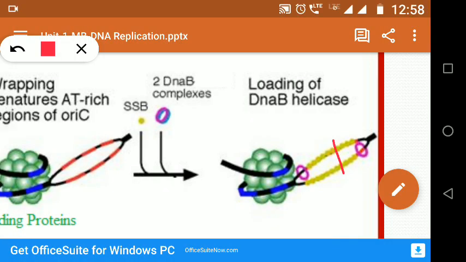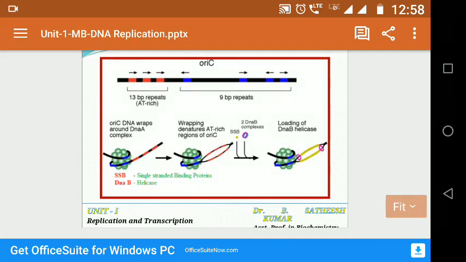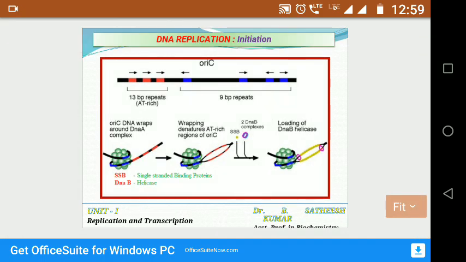These two strands once again will interact with each other, and they will wind around each other and form a double stranded structure. So to prevent that, we need single stranded binding proteins. Okay, so this is the initiation process.